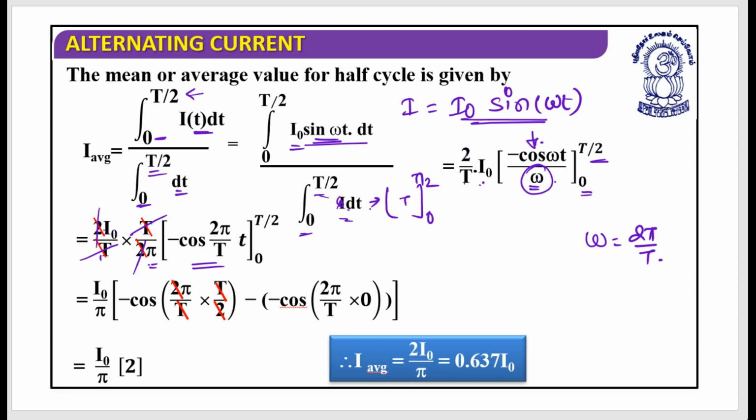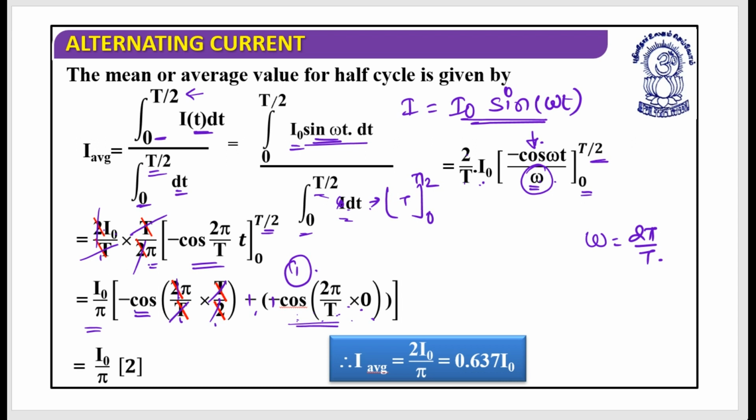Again, let's take I naught by pi as a constant, into bracket minus cos 2 pi by T into upper limit minus lower limit. For the upper limit it's T by 2. This has gone, this has gone. For the lower limit, minus cos of 2 pi by T into 0. This will be cos 0 degree, and when this is cos 0 degree, this is minus 1. This is minus minus, plus 1.